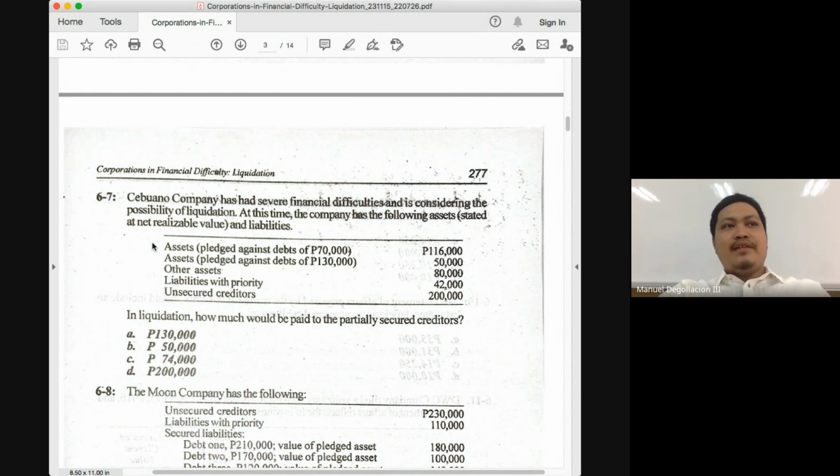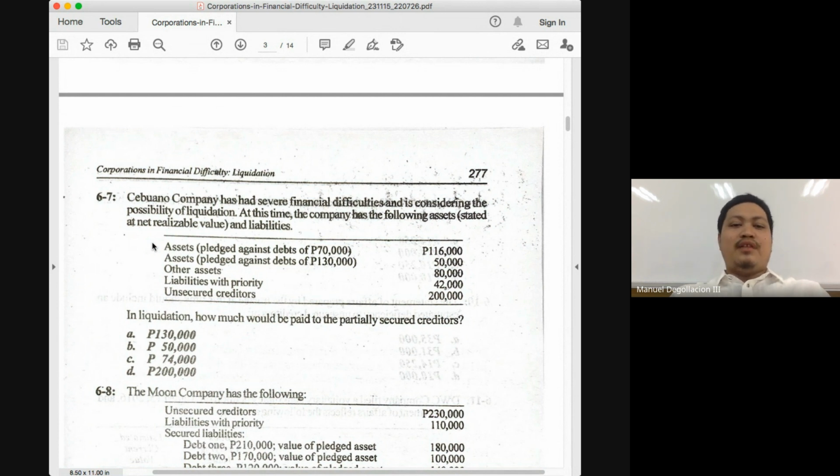But why is the answer not 50,000? Because for the unsecured portion, it will still participate in the other assets of the entity. So will the partially secured liability receive the 50,000? Yes. But why is the answer here not just 50,000? Because aside from the 50,000, it will also get additional amounts representing the recovery from the remaining 80,000.